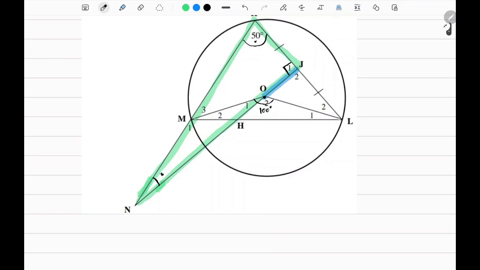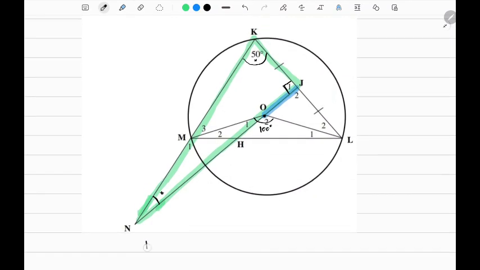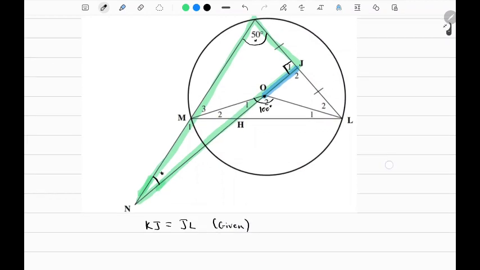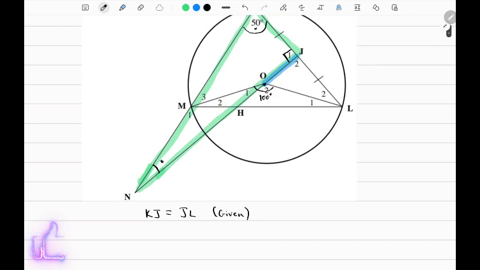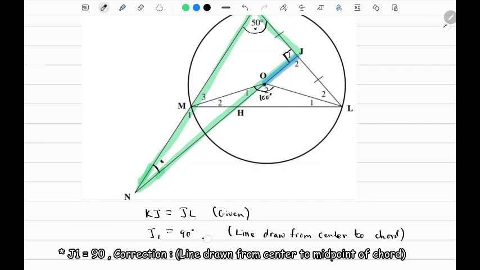All this can be written as KJ is equal to JL, that's given. So this means that angle J1 is equal to 90 degrees, and the reason is line drawn from center to the midpoint of the chord.